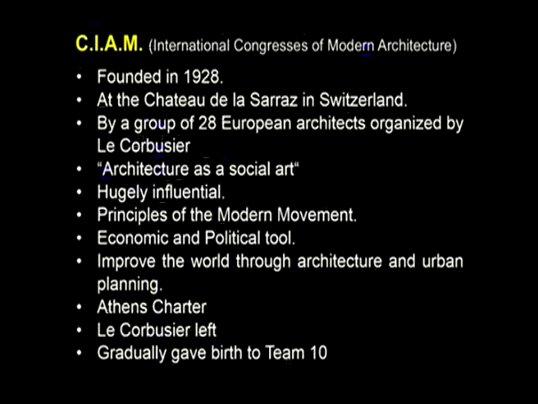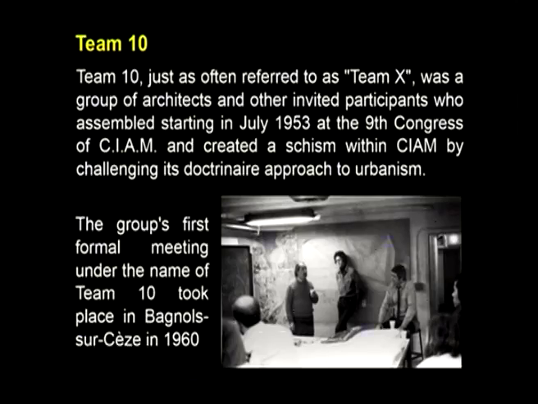They had all the principles of the modern movement, and then, if you remember, Corbusier started to go less frequently to Siam meetings, and there were these really young people who started criticizing the movement itself, and they wanted to come out of the movement and start another movement. Then the Athens Charter came into the picture. Corbusier left Siam, which eventually gave birth to Team 10.